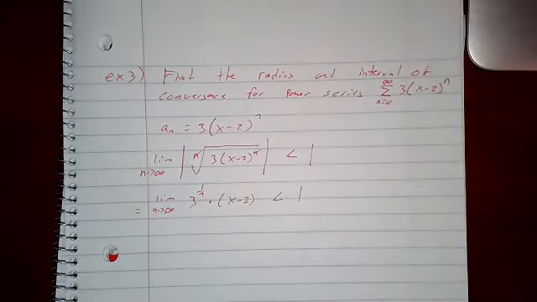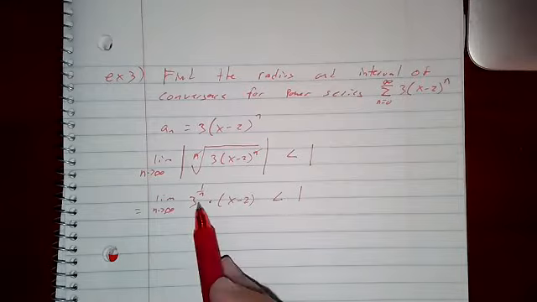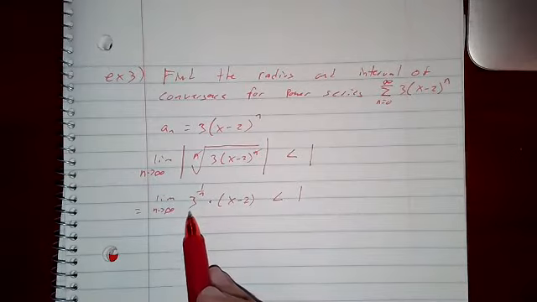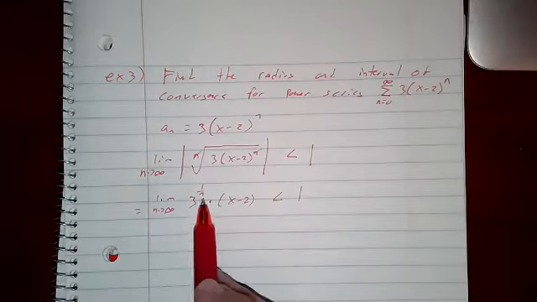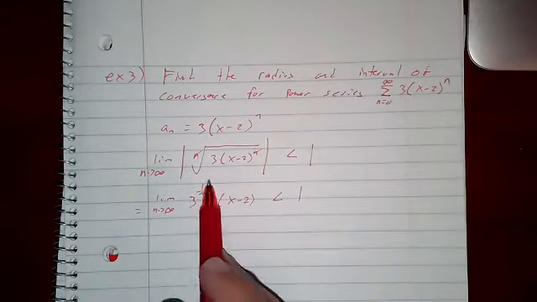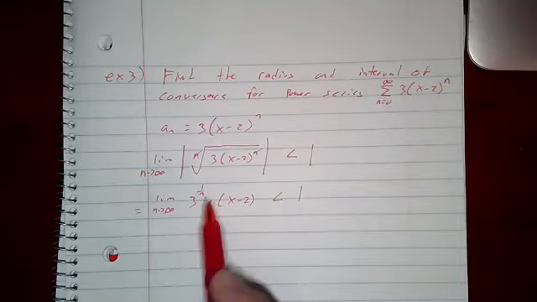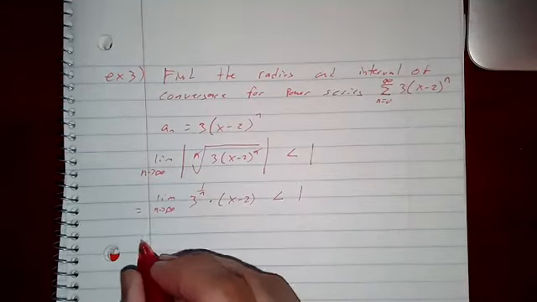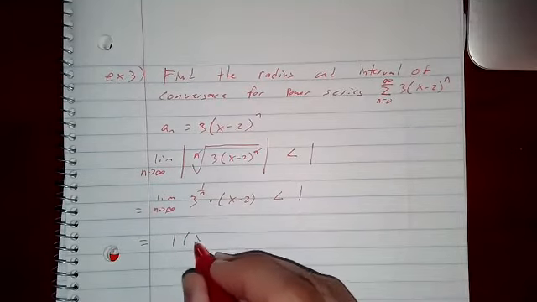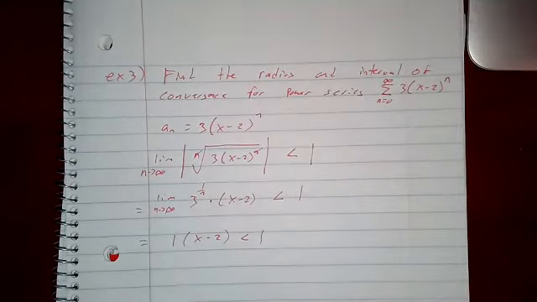Do you agree with this so far? Yes. So now take the limit. What's going to happen to this guy? To the 3. Well, the power will go to 0, right? What is any number to the 0? 1. So this is really a 1. Right?